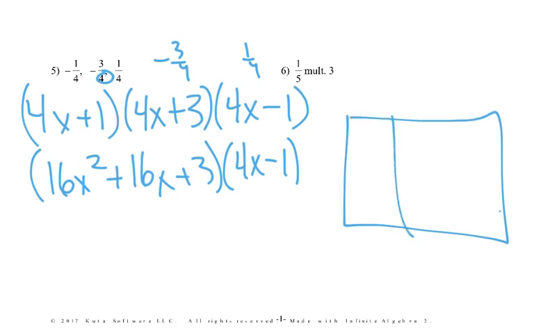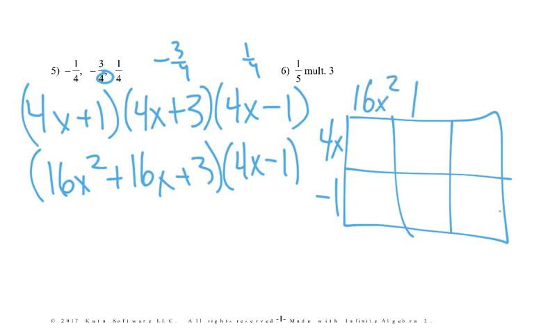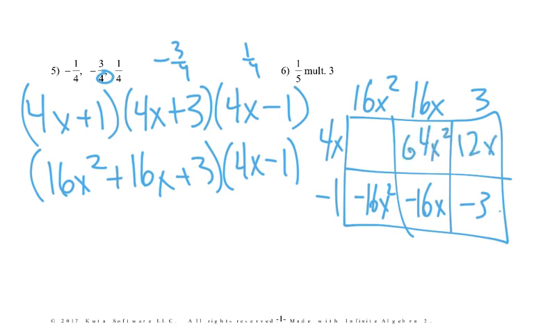This time with 3. So 4x and negative 1. 16x squared, 16x, and 3. So the bottom one's easy. Negative 16x squared, negative 16x, negative 3, 12x, 64x squared, and 64x cubed.